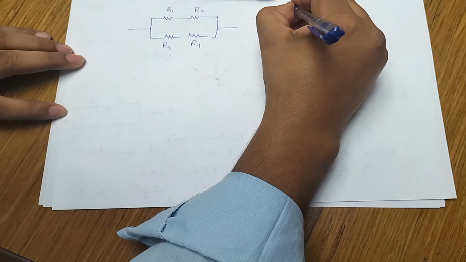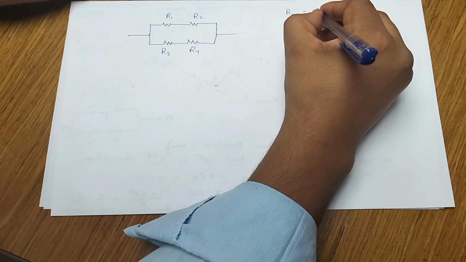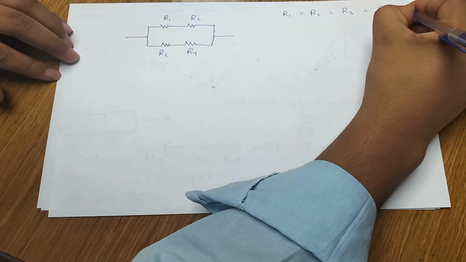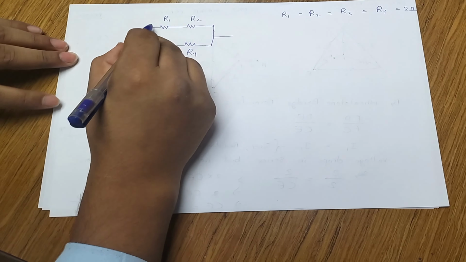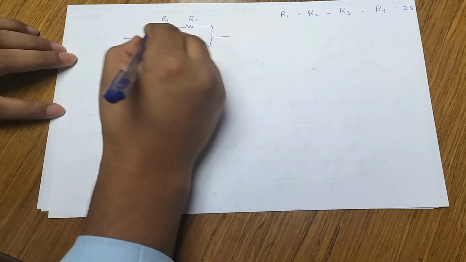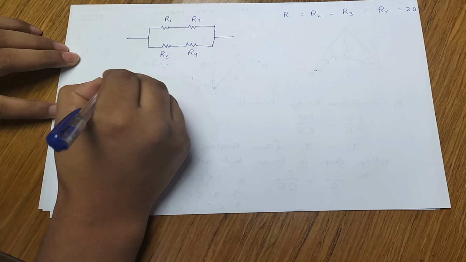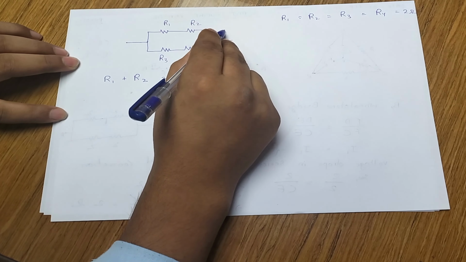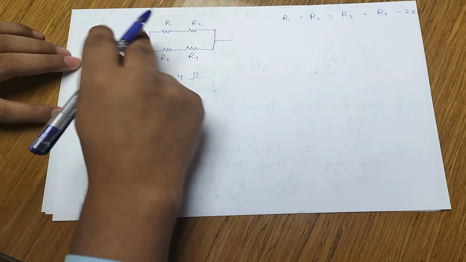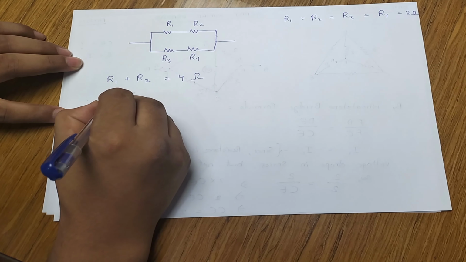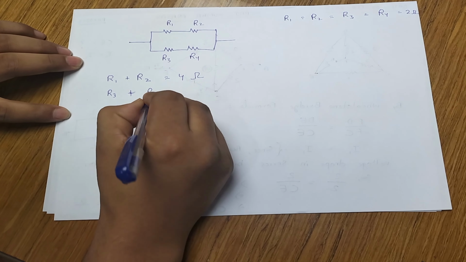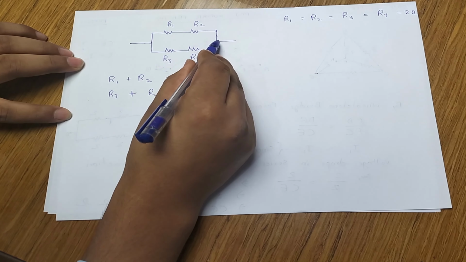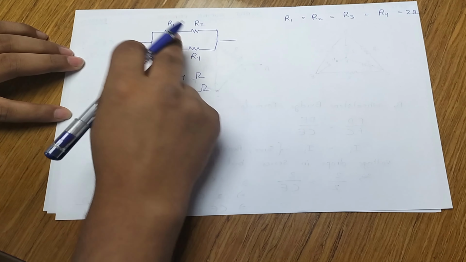We have already found R1 equal to R2 equal to R3 equal to R4, that is 2 ohm. So students, since it is in series, the resistance adds up: R1 plus R2 is 4 ohm for the above branch. Below also the same thing: R3 plus R4, the total resistance on this line, is 4 ohm in series.